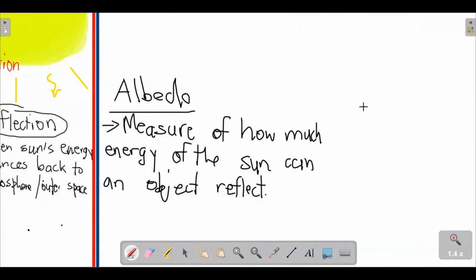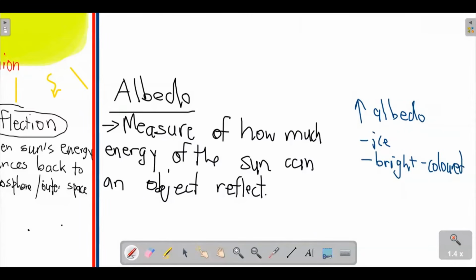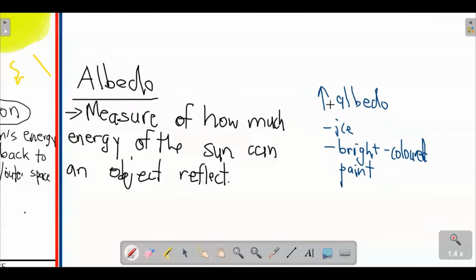Some objects have a high albedo, like ice or snow, for an example, or white or bright colored buildings. If you paint your building white or use a bright color, then that paint is going to reflect most of the sun's rays back to the atmosphere. Some objects have a low albedo, for an example, forest.